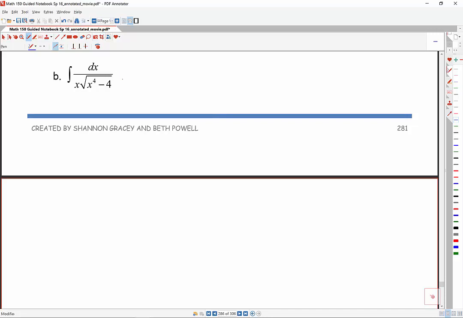I'm thinking of this formula: the integral of du over u times the square root of u squared minus a squared equals 1 over a arcsecant absolute value of u over a plus c. That's what I'm thinking of, okay?